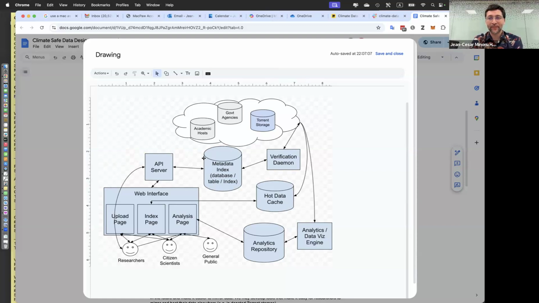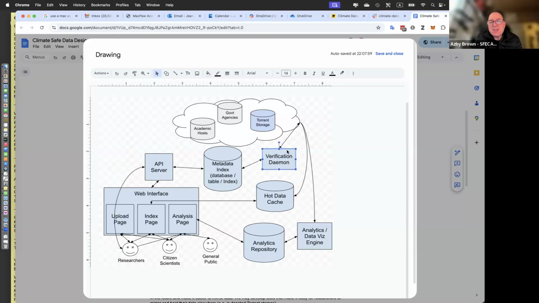But if it's beyond that, outside data from a new place, it has to be approved by a person. Yeah, makes sense. So the verification daemon would be the automated part, but he's assuming that there is an automated QC, automated verification process.